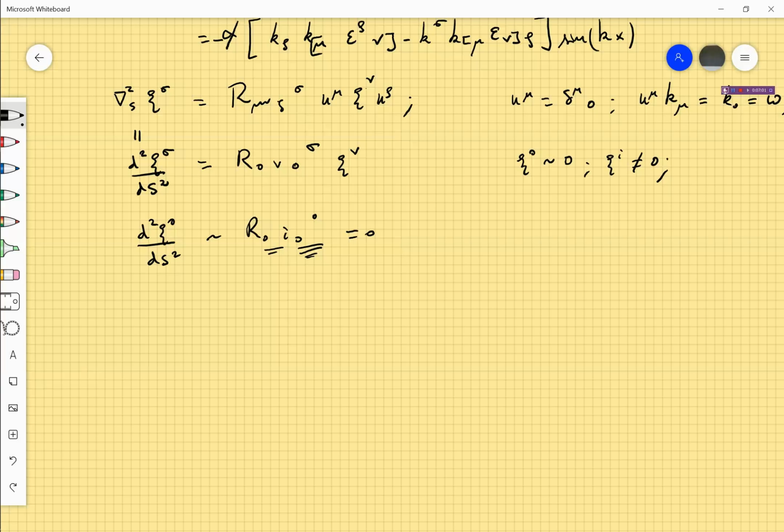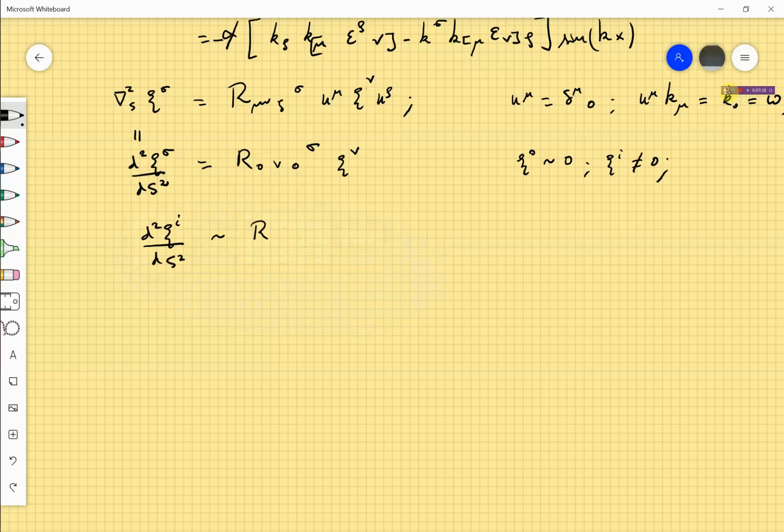So this is satisfied, and we only have to worry about the spatial components. So the equation simplifies, and we just have to study this equation.